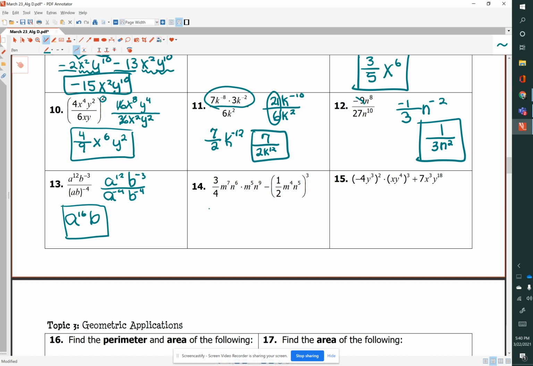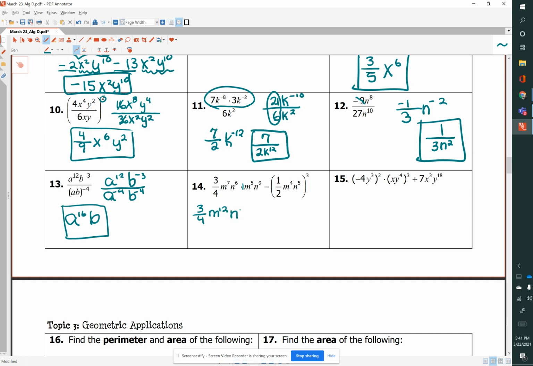Okay, number 14. First, we're going to do the multiplication on the left. So 3/4 m to the 7th n to the 6th times m to the 5th power n to the 9th power will be 3/4. So it's 3/4 times 1 here. And m, 7 plus 5 is 12.